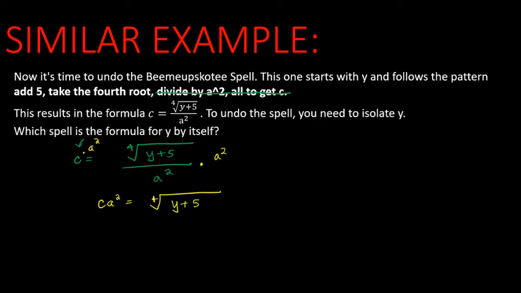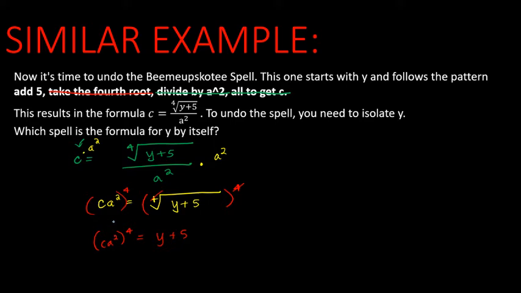Now, still reading my spell in reverse order, the next thing I see is take the fourth root. So if I wanted to undo taking the fourth root, what would I do? I would raise my term to the power of 4. So I'd get c a squared, to the fourth power, equals y plus 5, because the fourth power and the fourth root cancel each other out.